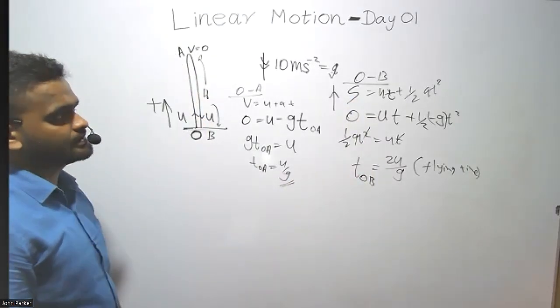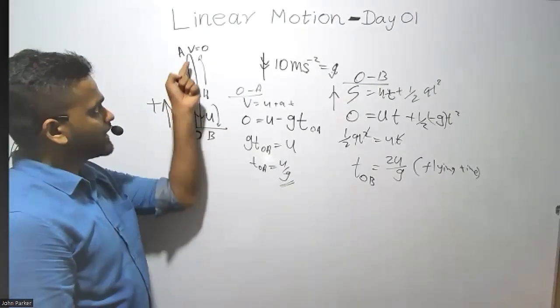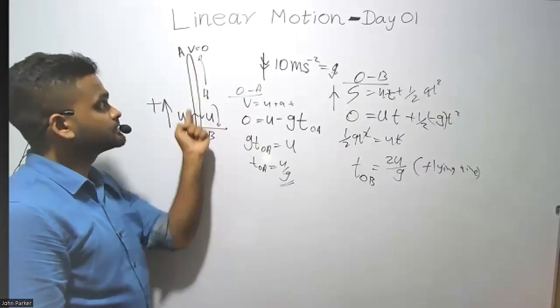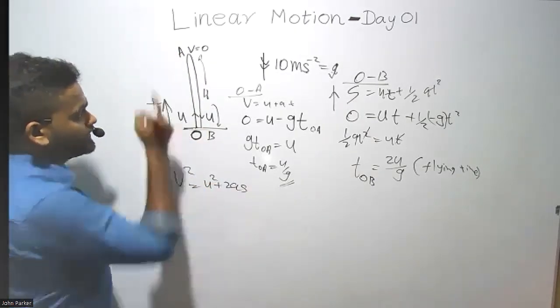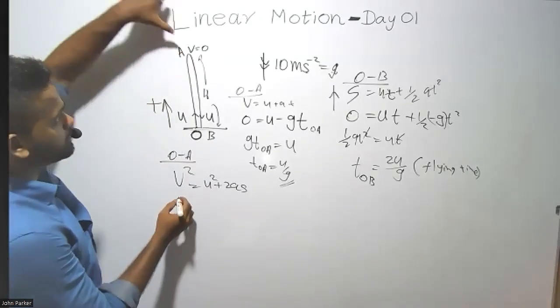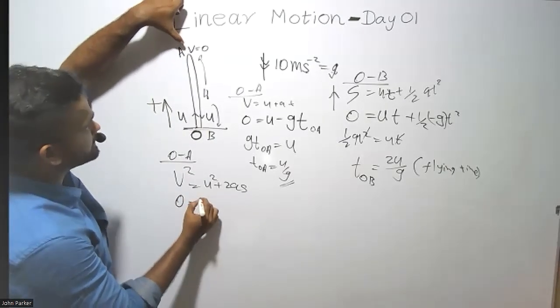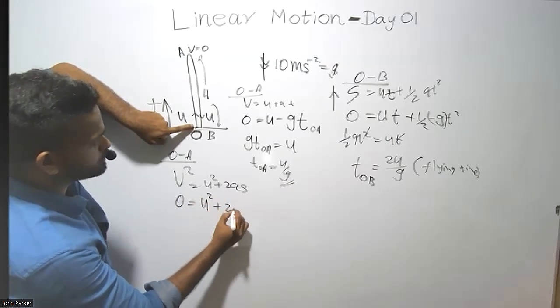What else do we need? We need to find this capital H, maximum height. I'm using this equation from O to A because I need to find this maximum height. Final velocity 0, initial velocity u, plus 2.